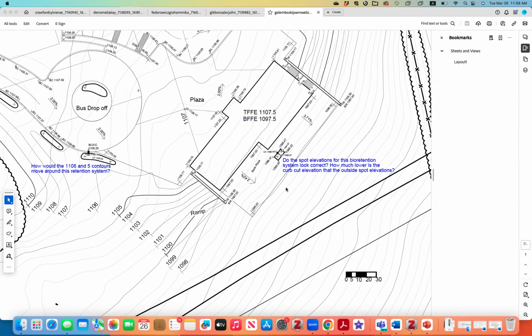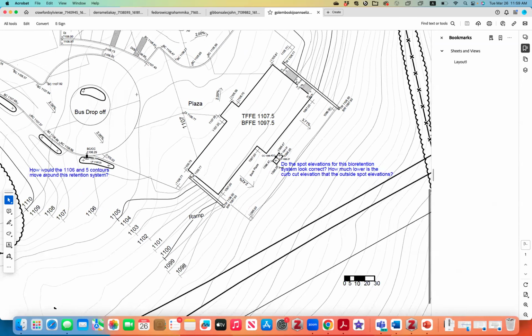Depending on where the water comes from, there's no curb cut again. This is a plaza. You wouldn't cut a hole unless you're doing a double wall system. Otherwise you would not have a curb cut there, because this is your plaza draining down.